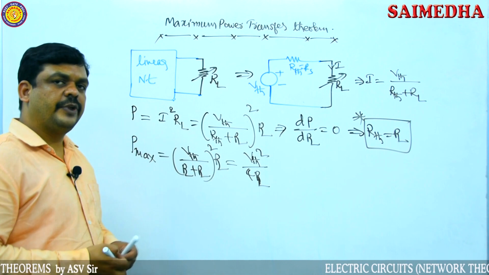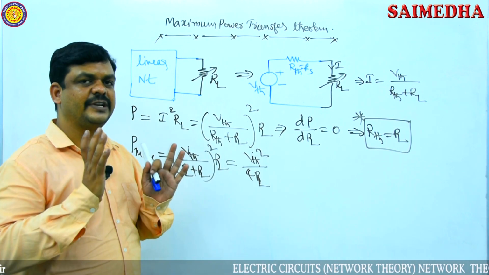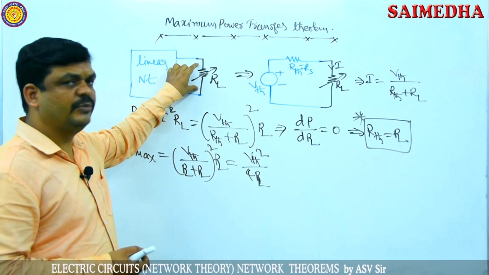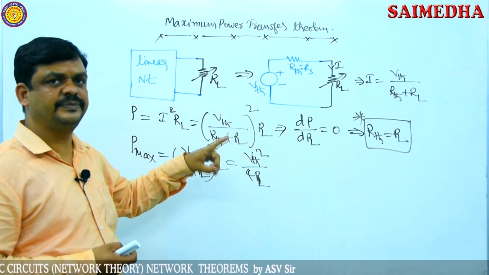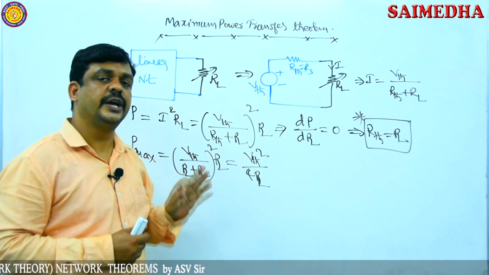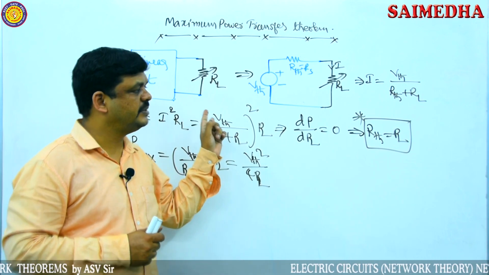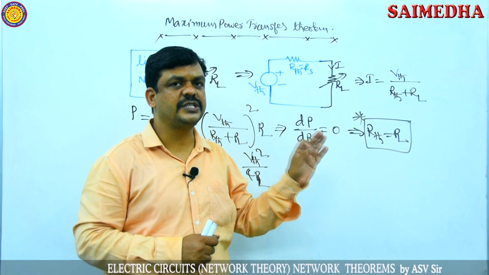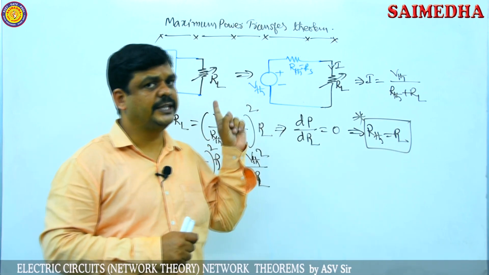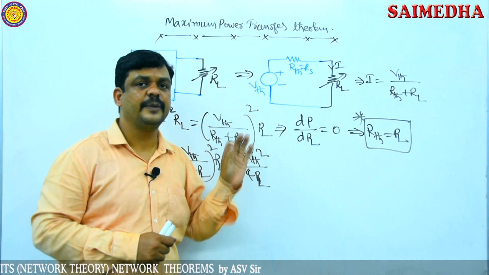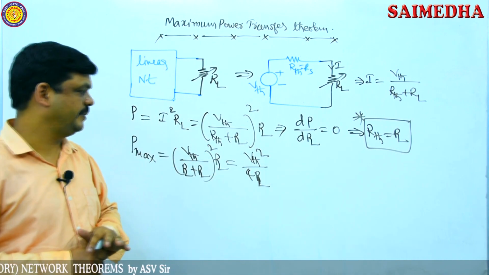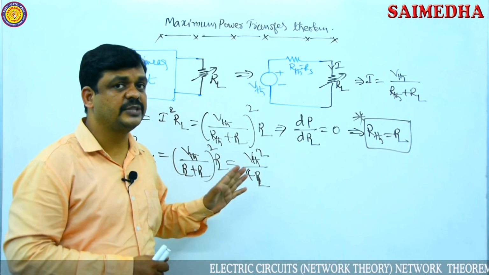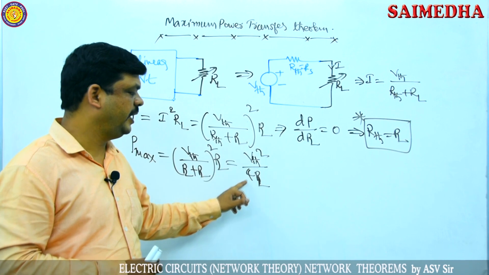From this analysis, we can write one simple point. The power dissipation of the variable load resistor RL is maximum if the load resistance is equal to Thevenin's resistance, and the maximum power is V Thevenin square by 4 RL.